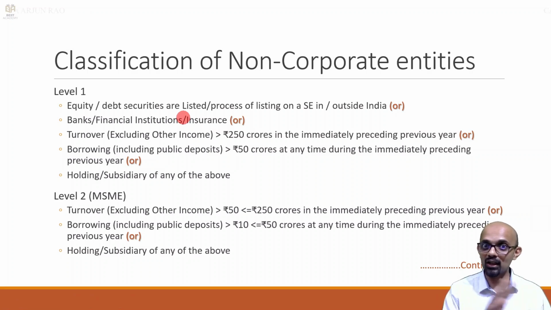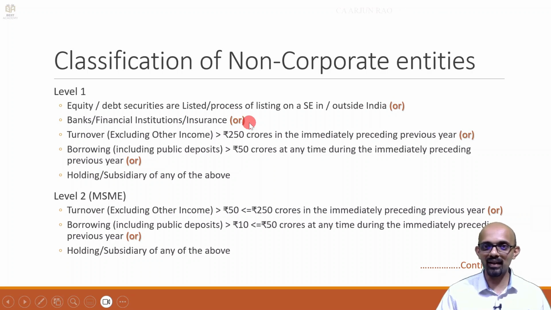I don't want any of these criteria to be satisfied. That is, all the criteria should be violated, you could say. So it should not be listed, it should not be a bank, turnover should not be more than 250, borrowing not more than 50, not a holding or subsidiary of any of the above. So that is the definition of SMC. Everything will have not, and instead of or there will be and.